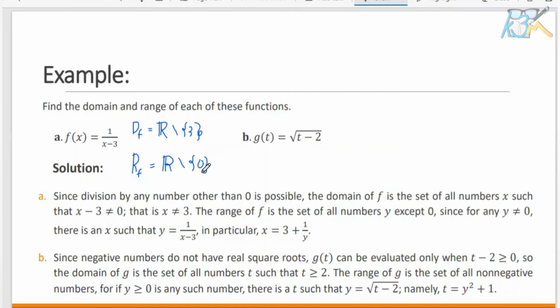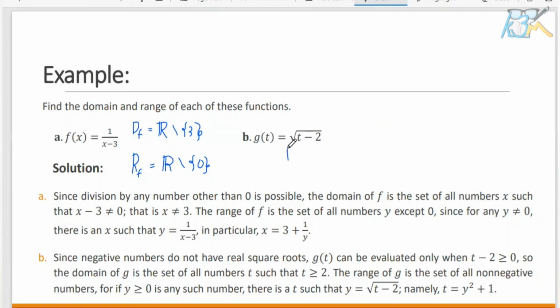For letter B, since negative numbers do not have real square roots, the function g of t can be evaluated only when t minus 2 is greater than or equal to 0. So the domain of g is the set of all numbers t such that t is greater than or equal to 2.